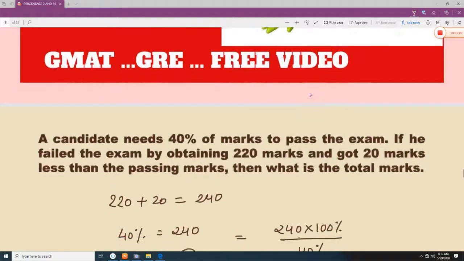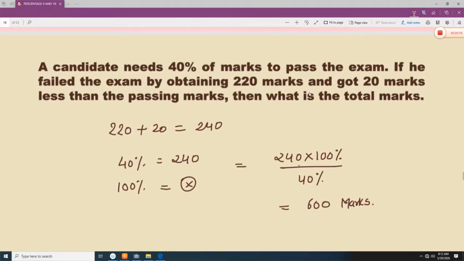A candidate needs 40% marks to pass the exam. If he failed the exam by obtaining 220 marks and got 20 marks less than the passing marks, then what is the total marks? So he obtained 220 and failed by 20 marks.